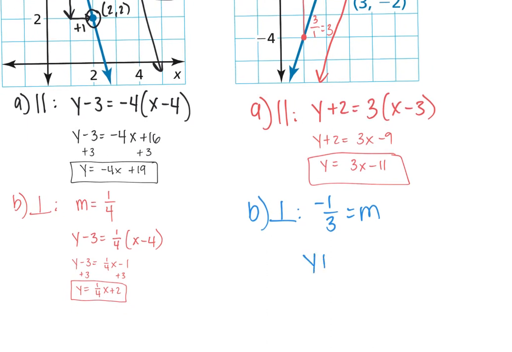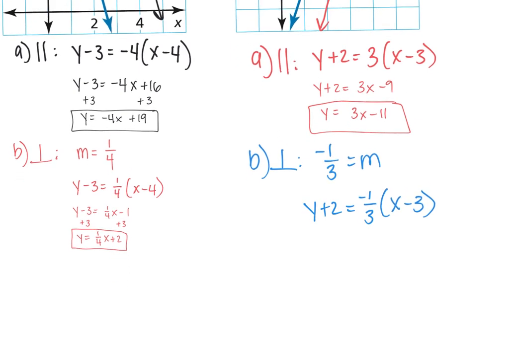So we're going to get y plus 2 still equals negative 1/3, make sure it's a negative, times x minus 3. When you distribute the negative 1/3, you get y plus 2 equals negative 1/3 x. And then you just subtract 2 from both sides. y equals negative 1/3 x minus 1.